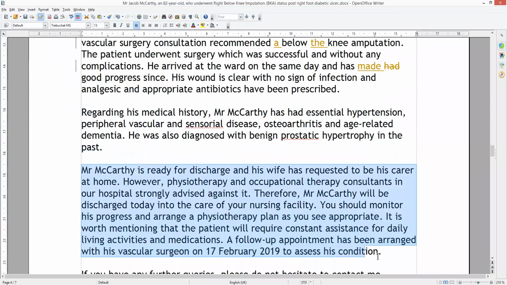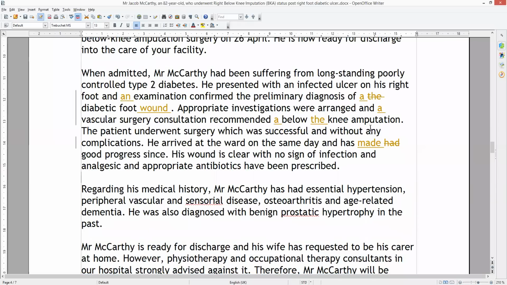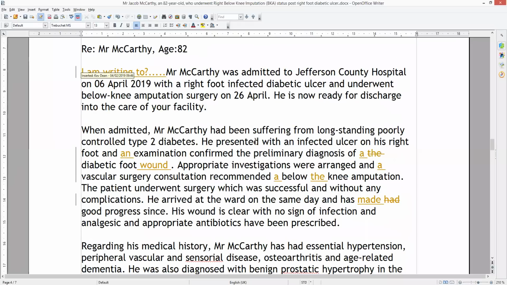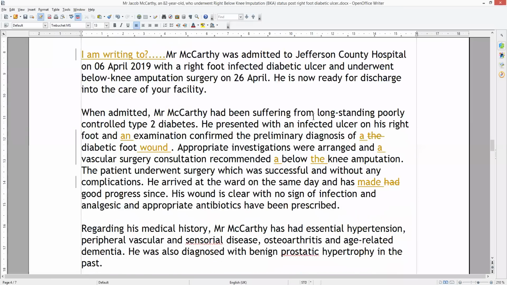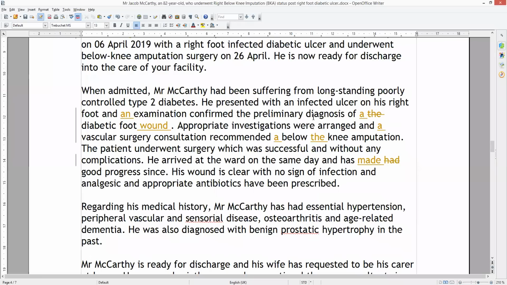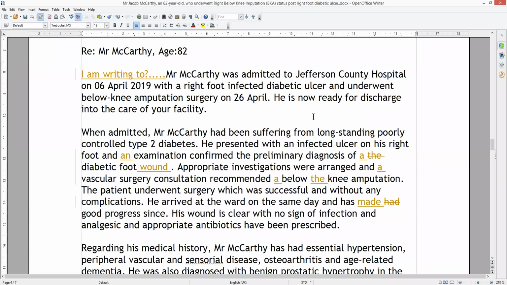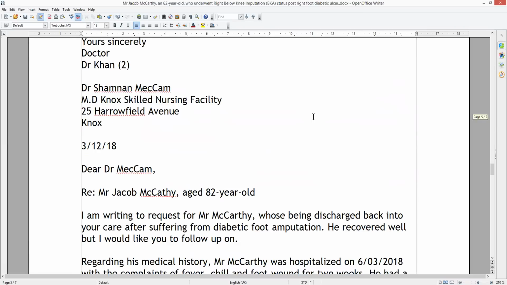This one, some of it looks a bit like case notes. There's a couple of missing articles here. And if you put that introductory phrase, I am writing to request or advise, that would be good. So yeah, that's not bad. There's some good English there.